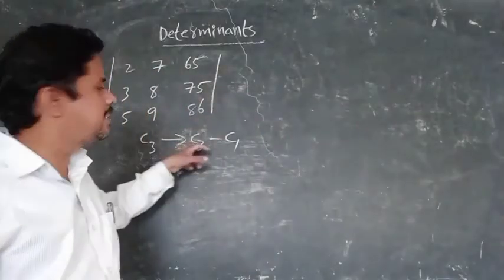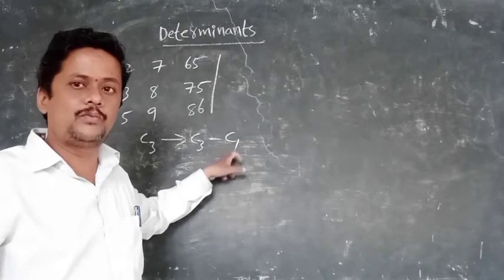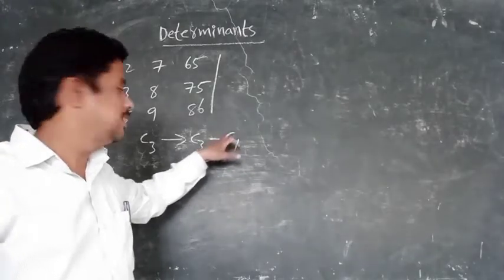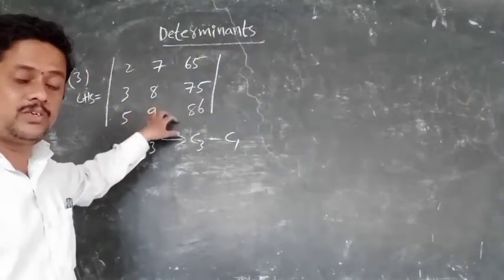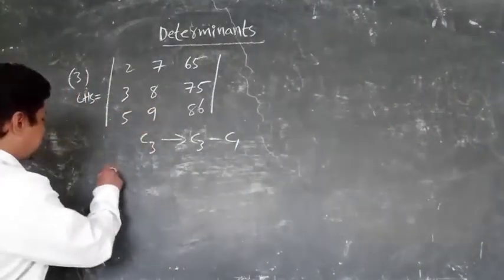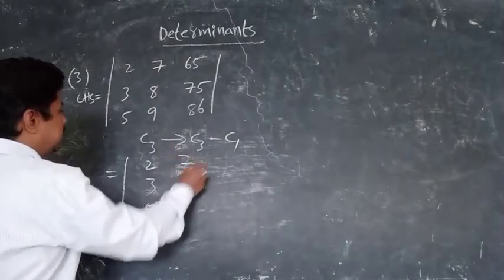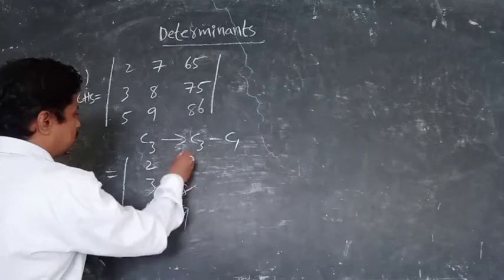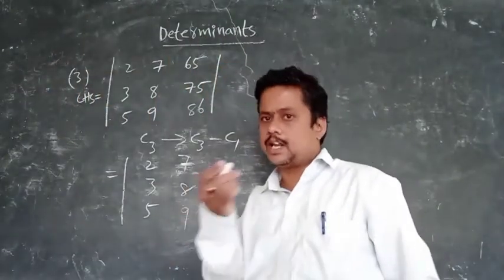Here, C3 minus C1. C3 minus C1 means what? Fix C1 and C2; what is changing? C3 is changing. C1 and C2 stay the same: first column 2, 3, 5, and the middle column 7, 8, 9. Take one pencil, as already told.